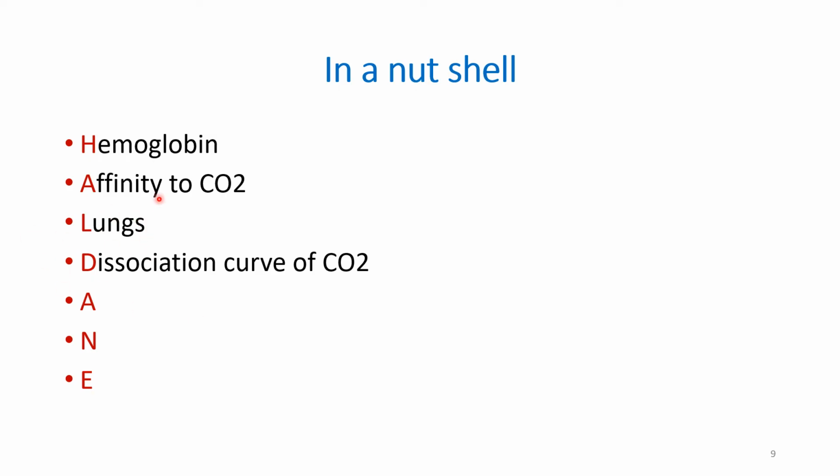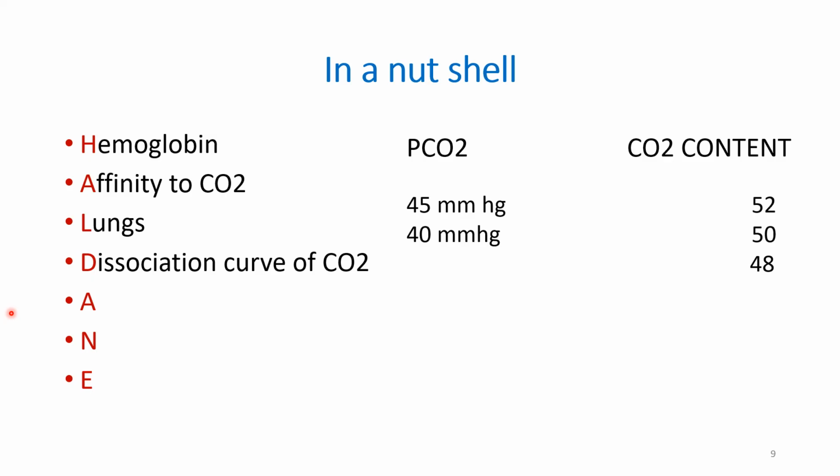Then you have to write the example of the lungs, that is, when oxygen combines with hemoglobin, the carbon dioxide is released faster. You also have to draw the dissociation curve of carbon dioxide. To draw it, you should know these values. When PCO2 is 45, carbon dioxide content is 52. When it is 40, initially it is 50, but because of the shift it is 48. You should know at least these basic points.